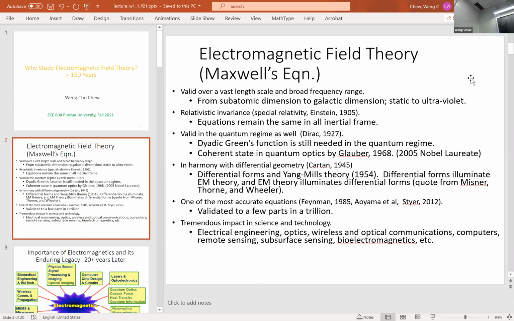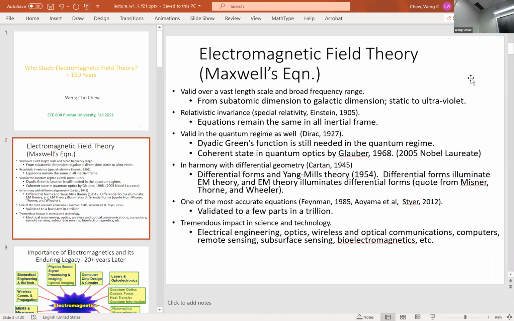Okay, and then electromagnetic theory is in harmony with differential geometry, which is quite a recent branch of mathematics that came about in the 1940s by this Frenchman, Eli Cartan. Okay, you can formulate electromagnetic theory using differential geometry. Otherwise, we just go to some very old calculus that we learned from Newton, Leibniz, and those people like Stokes and Gauss and those on.